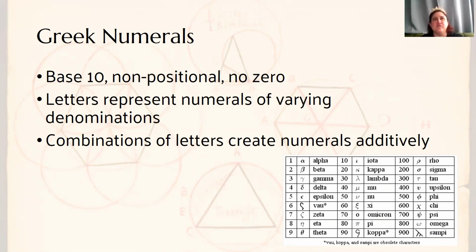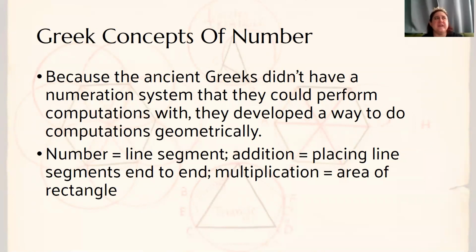They were big into numerology with that, but because you can't really do math with Greek numerals, they had to figure out a different approach if they wanted to do math. So the way that they approached it was through geometry.